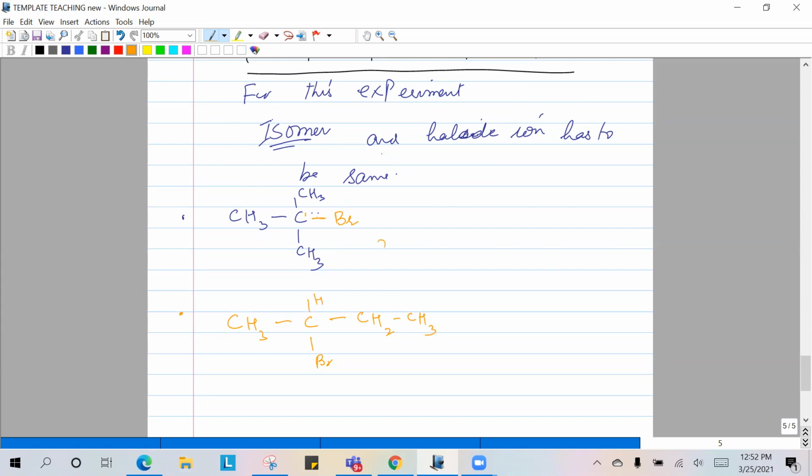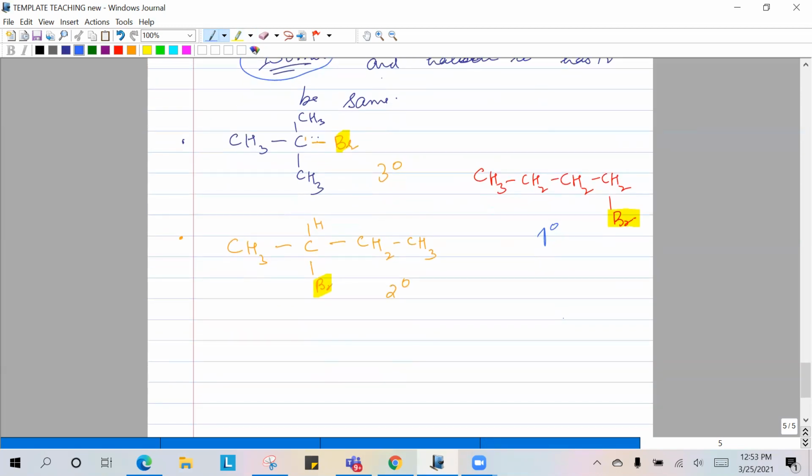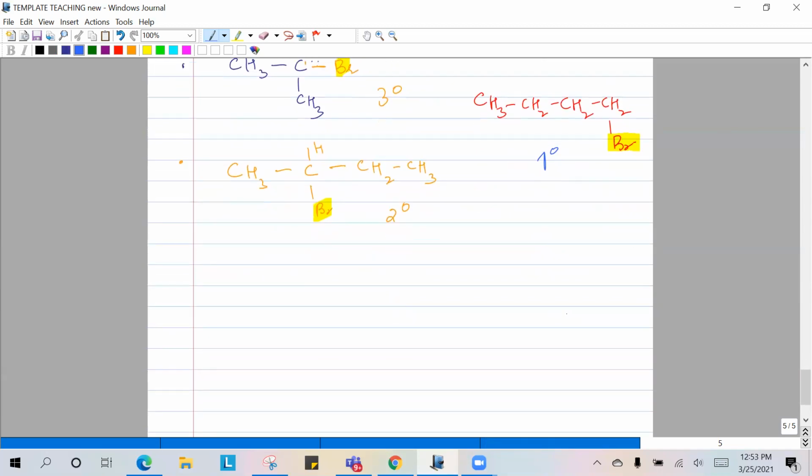So this is your tertiary, this is your secondary, and this is your primary, so these all are isomers. They have the same halogen, so the halogen is not going to affect. The number of carbon atoms and the molecular mass are the same, so that is why we are saying they are isomers. So the only thing that is going to affect the reactivity is the primary, secondary, and the tertiary.